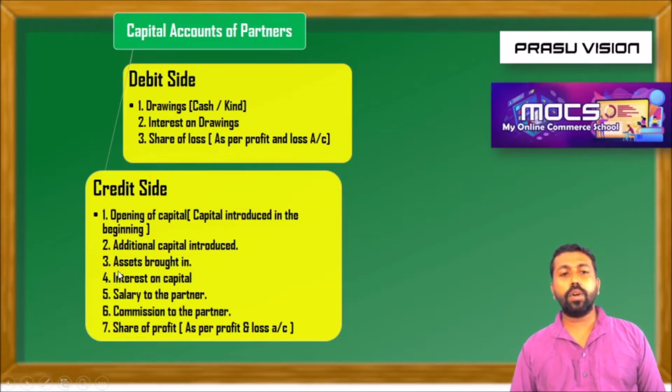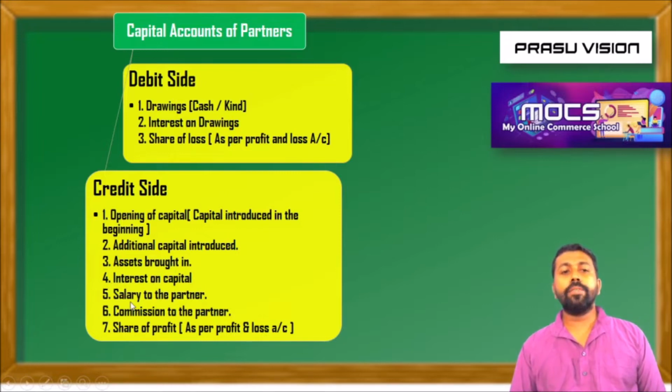Also, if they bring any asset instead of cash as capital, it is also recorded on the credit side. And also interest on capital, when the partnership firm gives interest on capital to the partners, it is also credited.